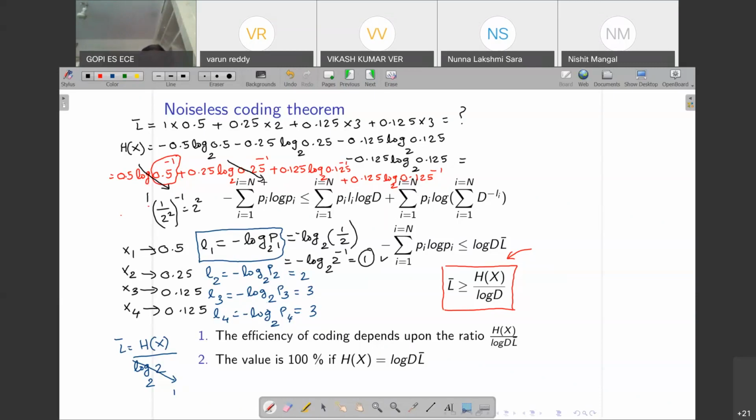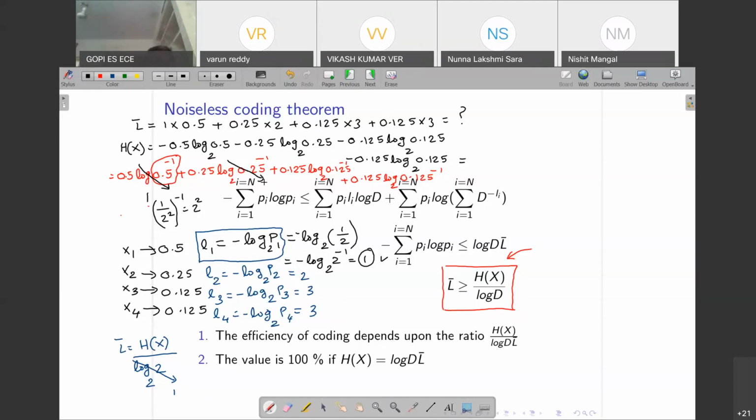So the point you have to understand is, if the length of the code you are choosing as minus log p, right? So it is like this now. If the length is chosen as minus log of the probability, you end up with 100% efficient coding.